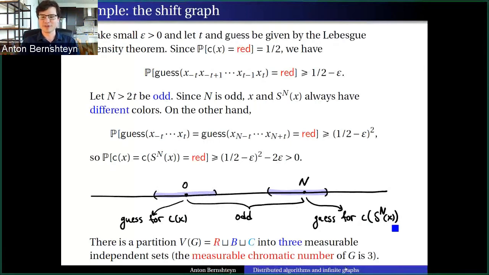So the smallest number of measurable independent sets you need to partition the whole vertex set is 3. You can consider this a somewhat challenging exercise to the audience to find this partition into three sets for which the probabilities are well defined.